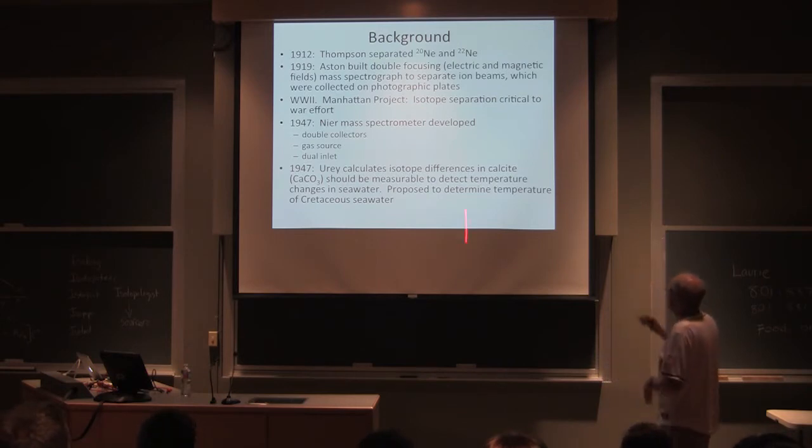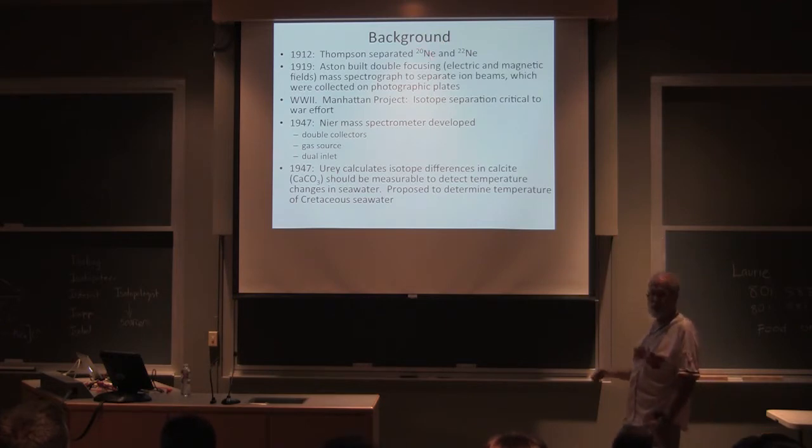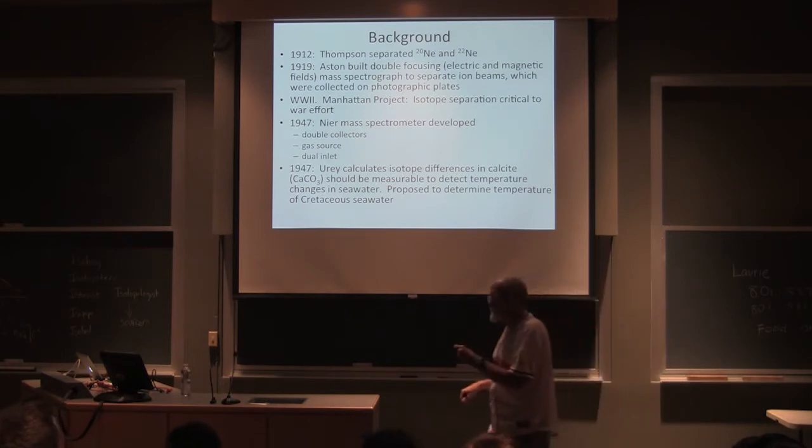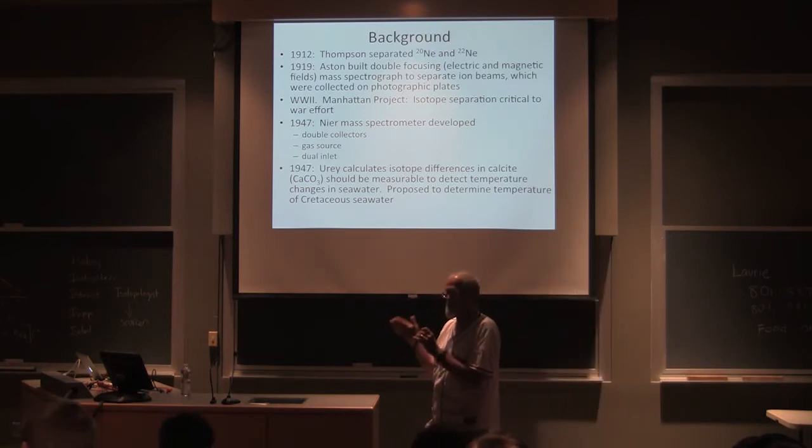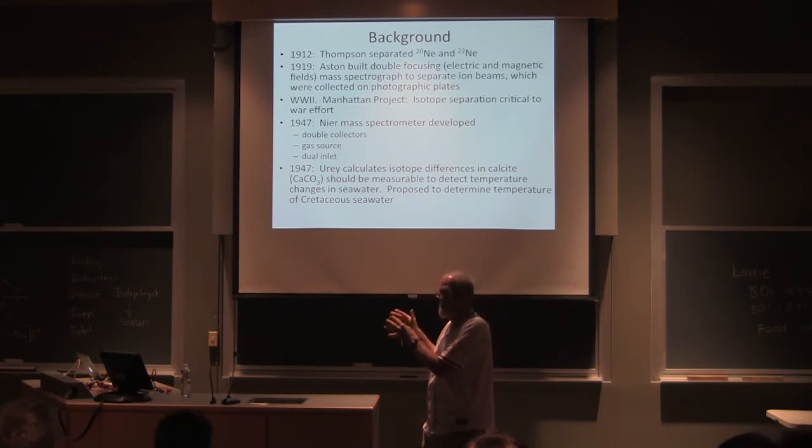And what he showed is that neon had 2 principal isotopes. There's actually neon-21 as well. He didn't see it because it's not very abundant. But with neon-20 and neon-22, you could tell from the intensity of the beams that they were in about the right ratio. On these photographic plates where he's collecting ion beams, one looked like it was a lot weaker than the other one.